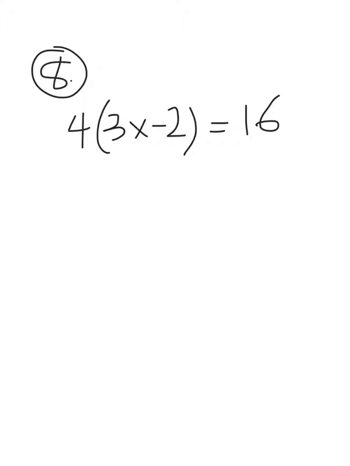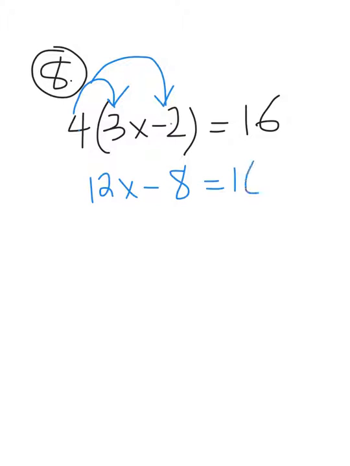Okay, number 8. We see the parentheses here, so we have to distribute the 4 to the first term and the 4 to the second term. And this reminds me of that last chapter that we just worked hard on. All right, 4 times 3 is 12x, and 4 times negative 2 is a negative 8 equals 16. Now I have my two-step equation. Here's my equal sign, here's my x.